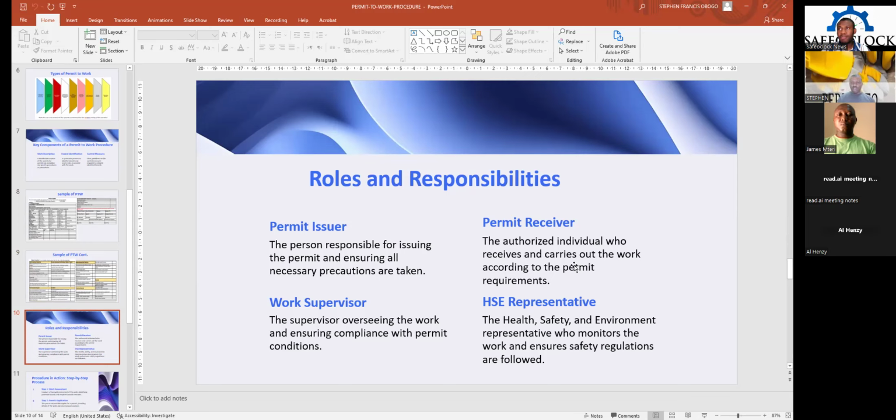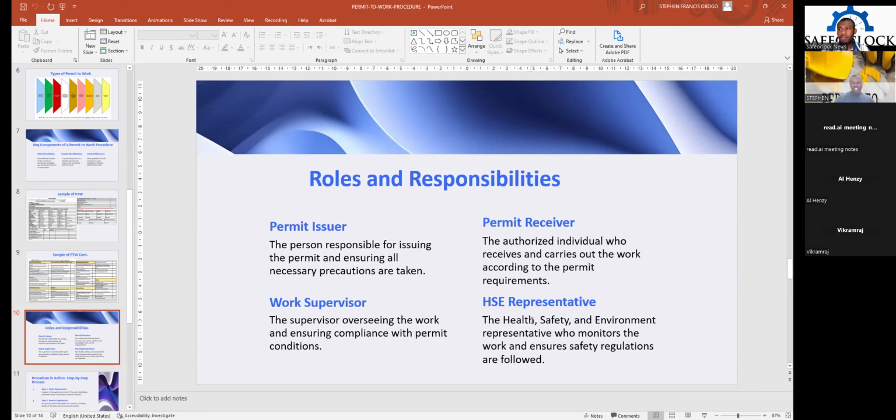Now, an HSE representative is the health, safety and environmental representative who monitors the work and ensures safety regulations are followed. In some cases, you discover that the HSE representative, or the HSE coordinator, or HSE officer, or the permit coordinator, as the case may be, in most cases some organizations merge it together.